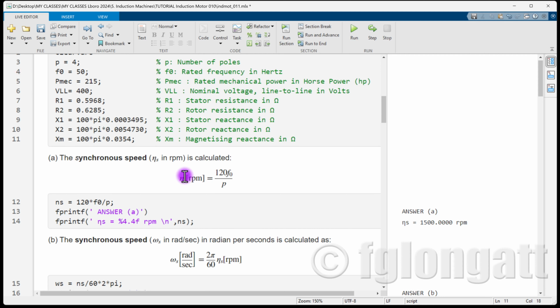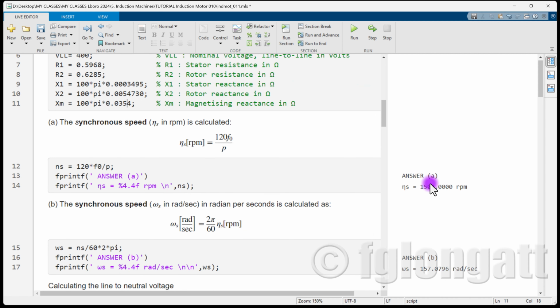So this equation is telling you that the synchronous speed in RPM is 120 multiplied by the frequency in hertz and divided by the number of poles. When we put the numbers together, we obtain the result: the synchronous speed is 1500 RPM.